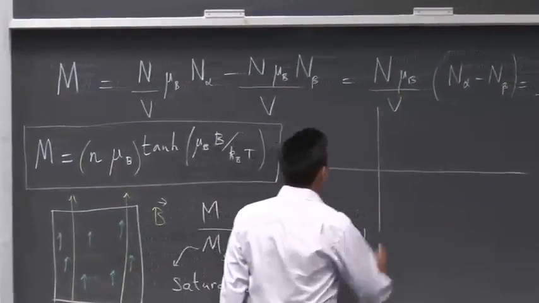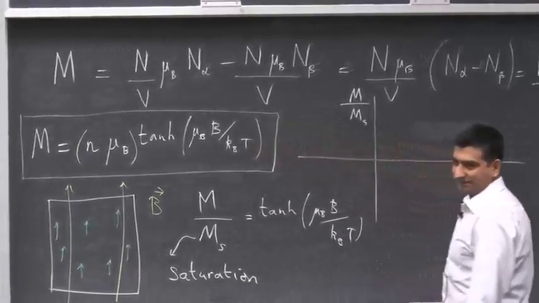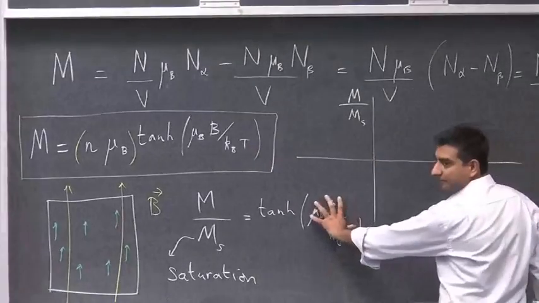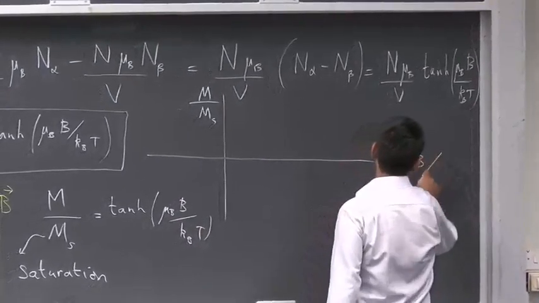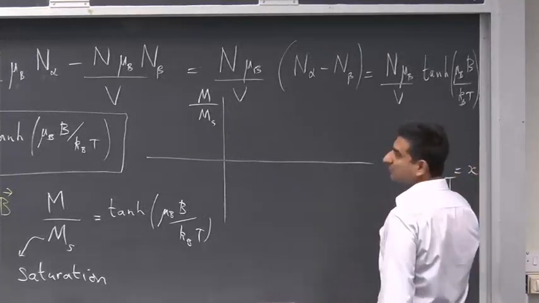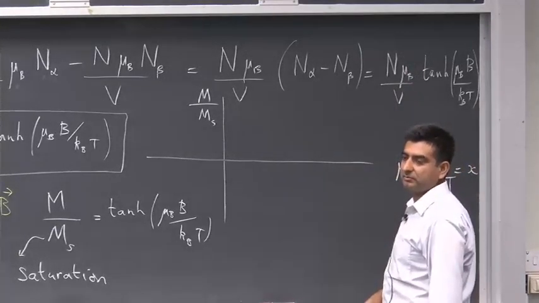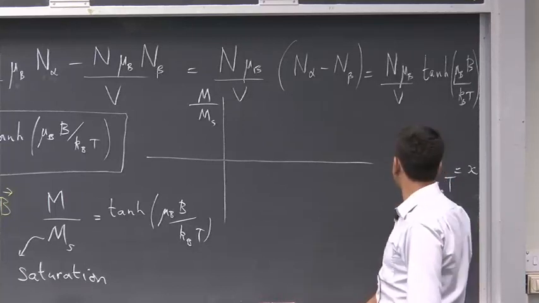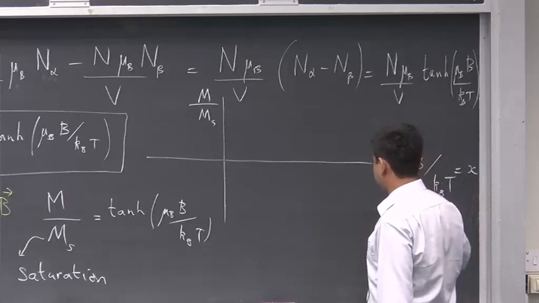So if I were to plot M over Ms versus this factor, this factor is mu b B over kBT. Let's call this x. So this goes up when the field goes up, or the temperature goes down. When temperature goes up, x goes down.